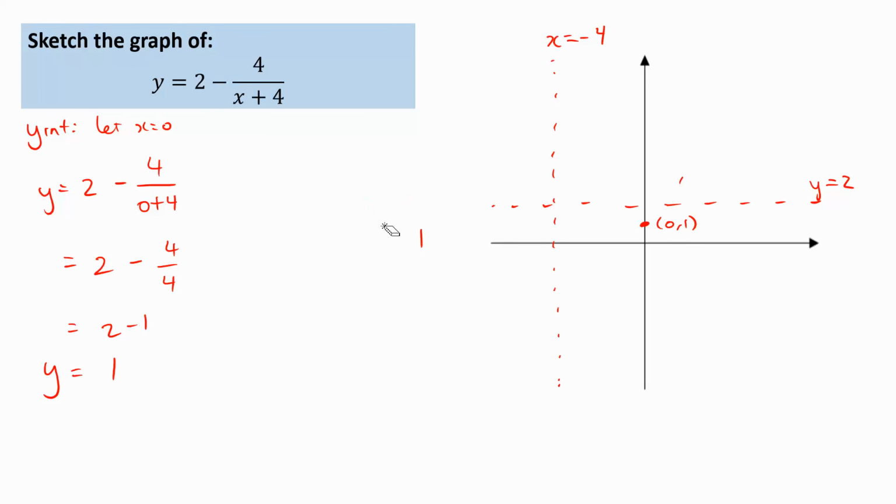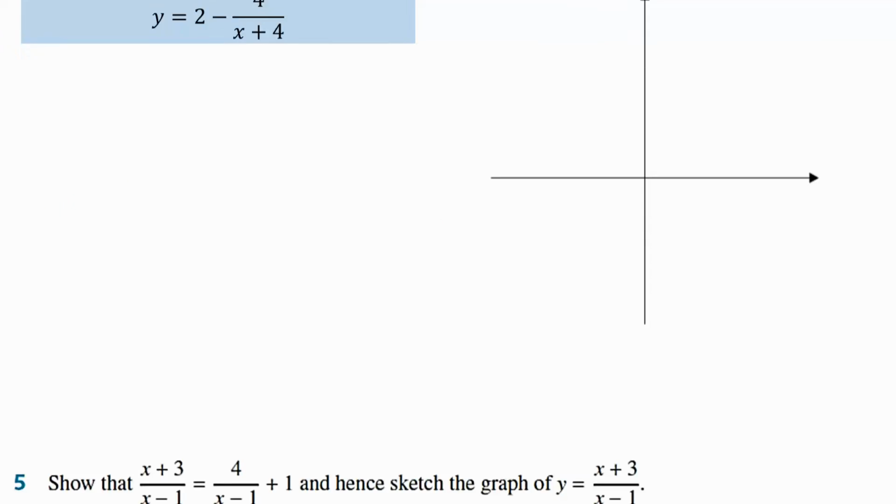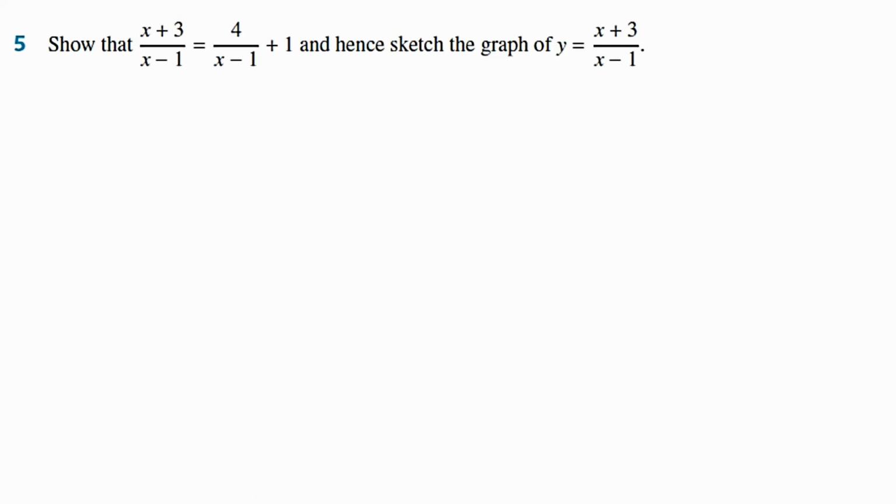And I need to find my last one, the x-intercepts. So here we go. How do we find the x-intercepts? Good. Now, before you do that, you have to be careful. What do you have to do first?